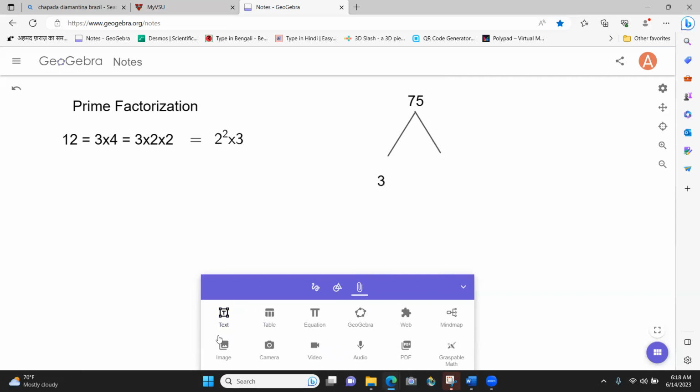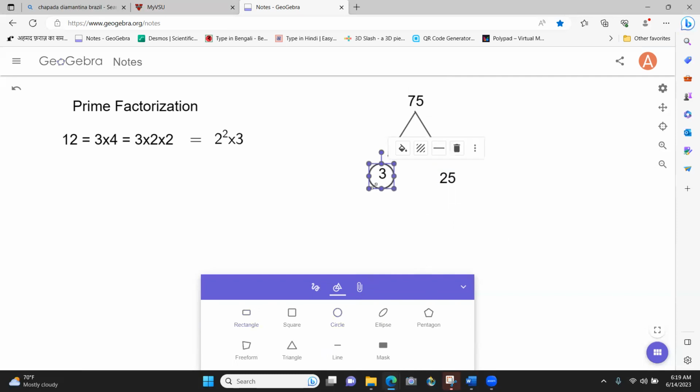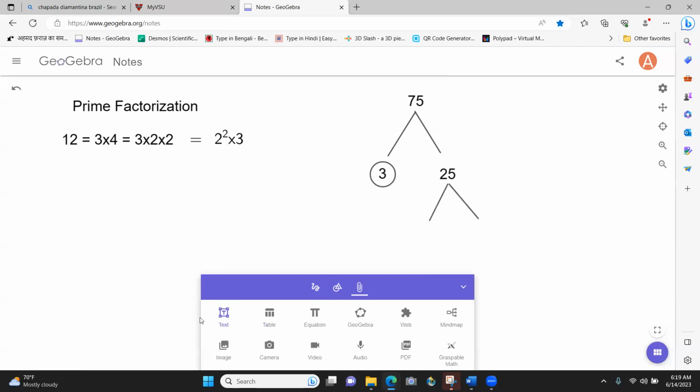Now, the way I see it, 75 is 3 times 25. And the good news is 3 is a prime number, so I'm good there. I can circle it because I don't have to do anything with it. Now, 25 is not a prime, but I can split it further into 5 by 5. And 5 is a prime.